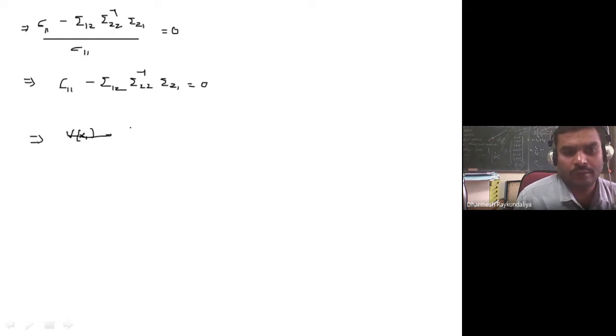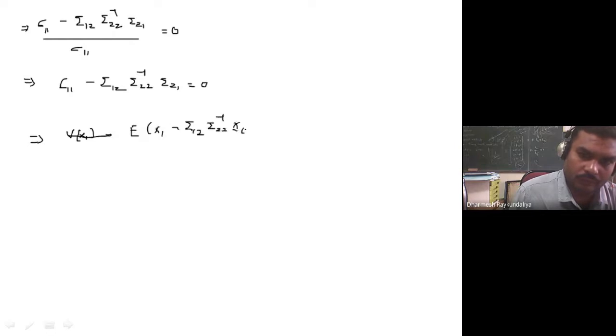Or can we write it in this way: expectation of x1 minus sigma 1 2 sigma 2 2 inverse x2, whole square, is equal to 0.